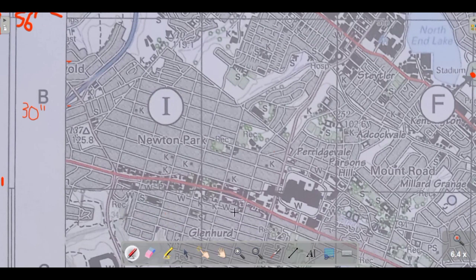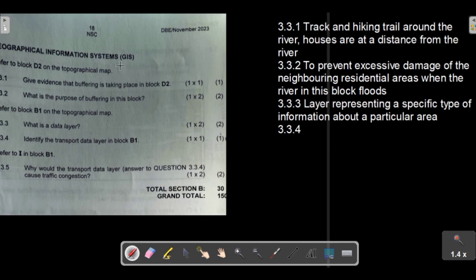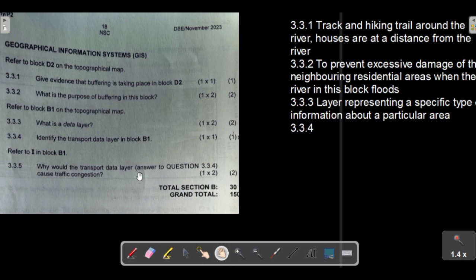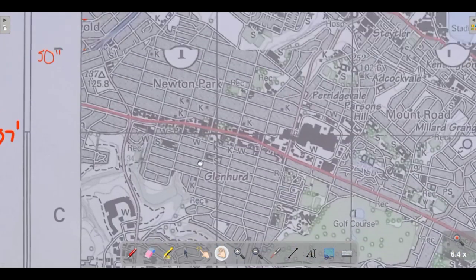Okay, well, I actually do see quite a lot. So transport data layer here. So we actually have different types of roads here.